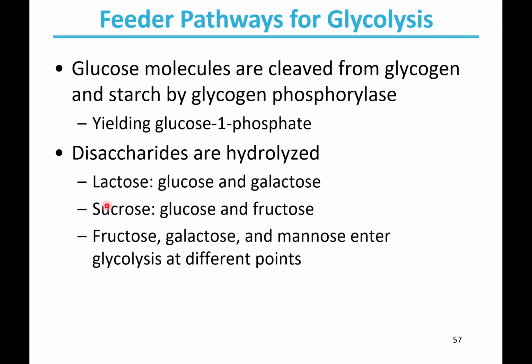The same goes for sucrose. Sucrose is one molecule of glucose and one molecule of fructose. Again, glucose goes straight into glycolysis. Fructose goes in at a different point. So fructose, galactose, and mannose enter glycolysis all at different points.